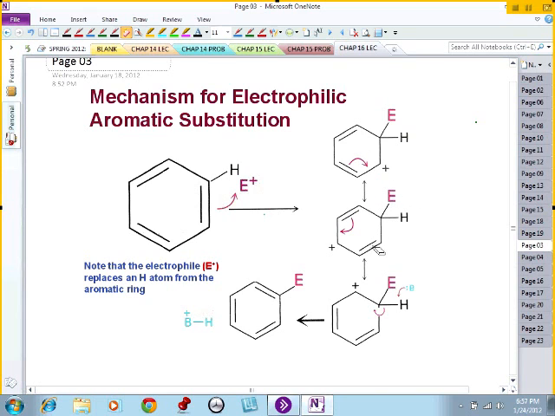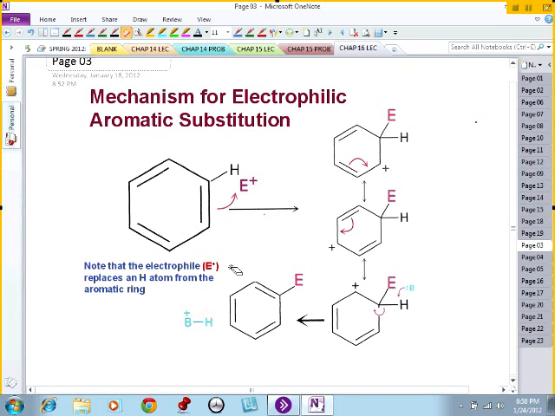Once you do that, we could draw resonance. All of these are resonance structures. Now what is going to happen? Some kind of base or nucleophile will come in, pull this hydrogen off to regenerate the benzene ring. This base is coming here, pulling off this hydrogen, so now you form this.